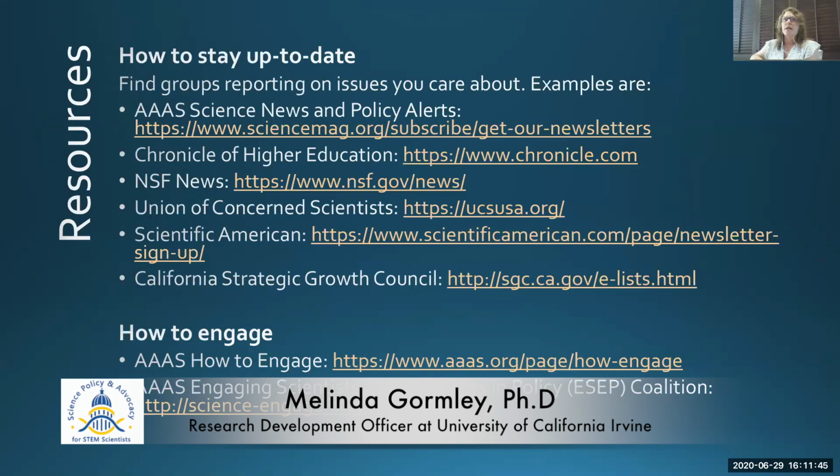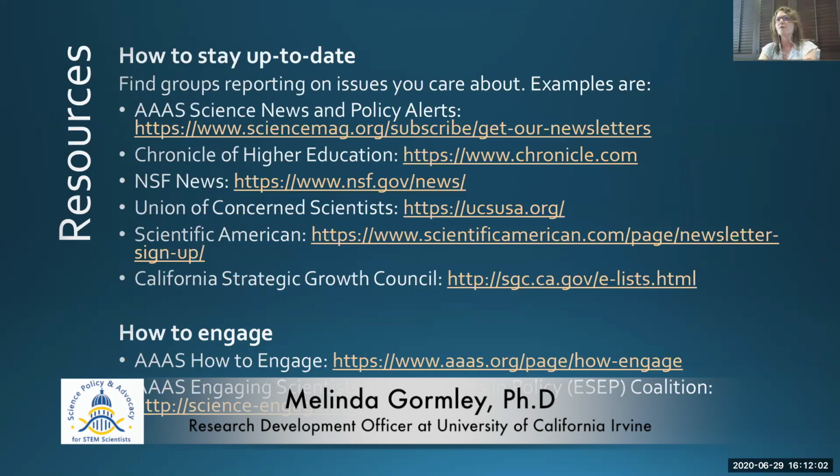And then one last thing is, if you do want to stay up to date, these are some examples, but not the only ones. The best way to be effective in the policy arena is to know what's going on and to have been following the issues for a while.